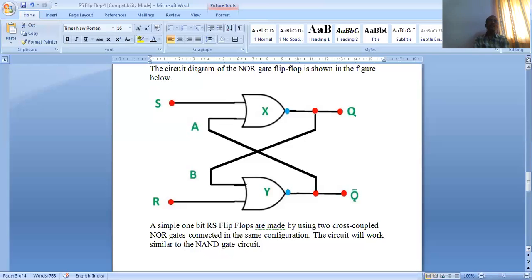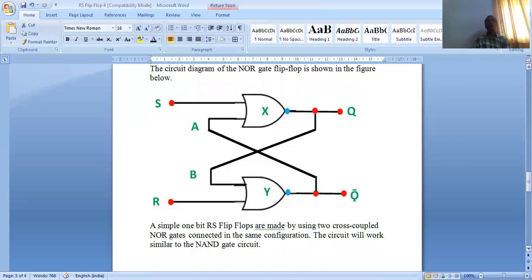What is the construction? See here. The S input is connected to the upper NOR gate and the R input is connected to the lower NOR gate.